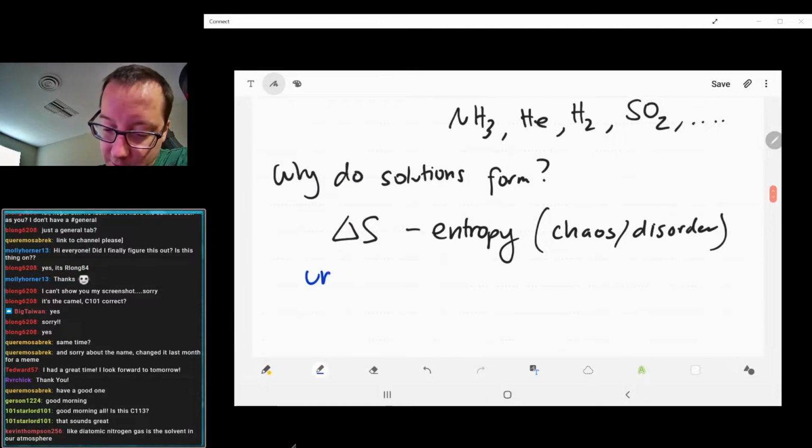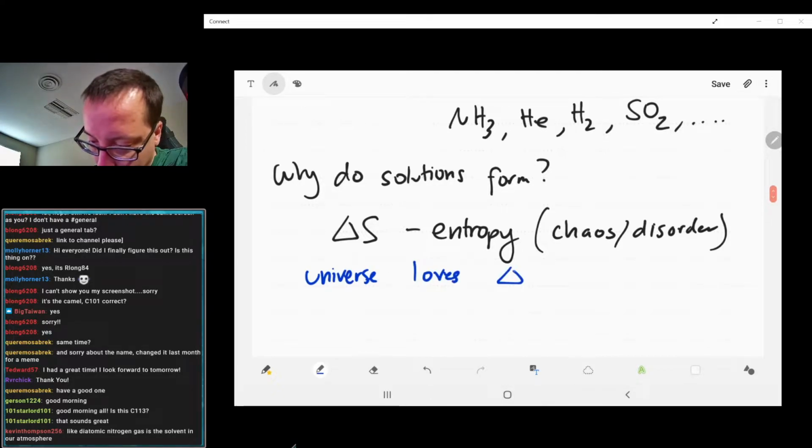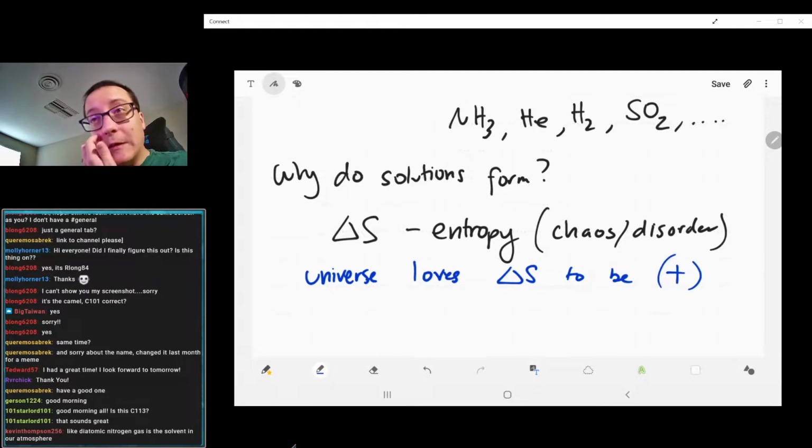The universe loves delta S to be positive. That means if things are getting more disordered or more chaotic, the universe is happy. So we're going to see that solution making is something that creates disorder.